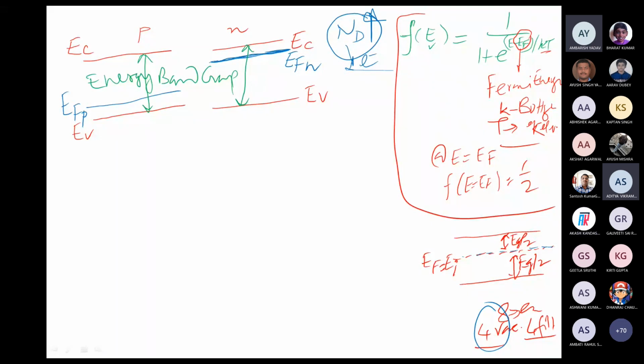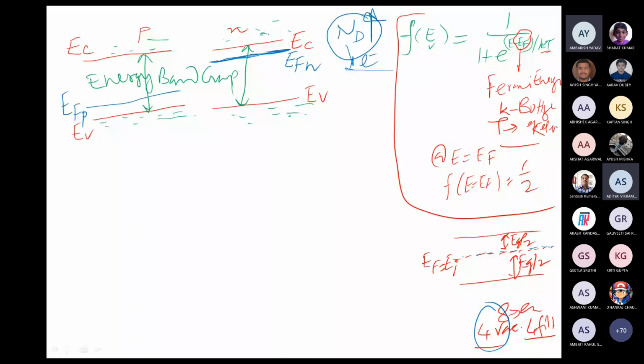These are forbidden energy states. Energy states are available only below this in the valence band or above it in the conduction band. So this is a kind of fictitious energy which just shows the probability of finding the electrons in the conduction band or in the valence band.